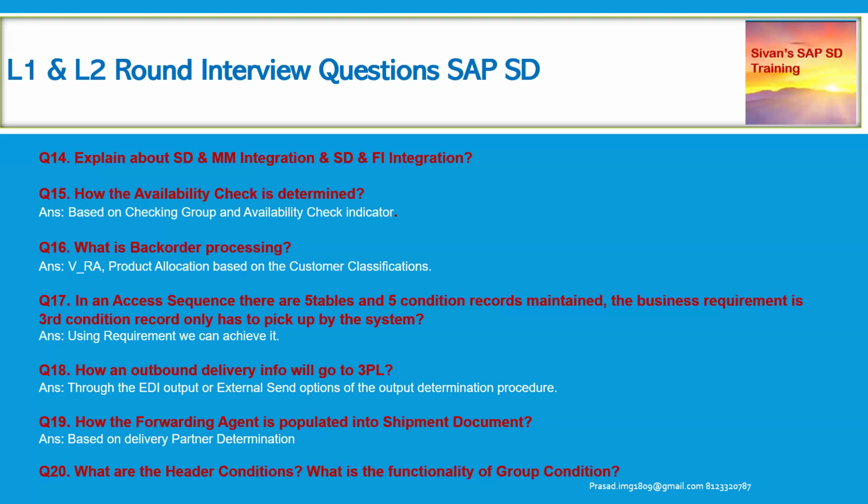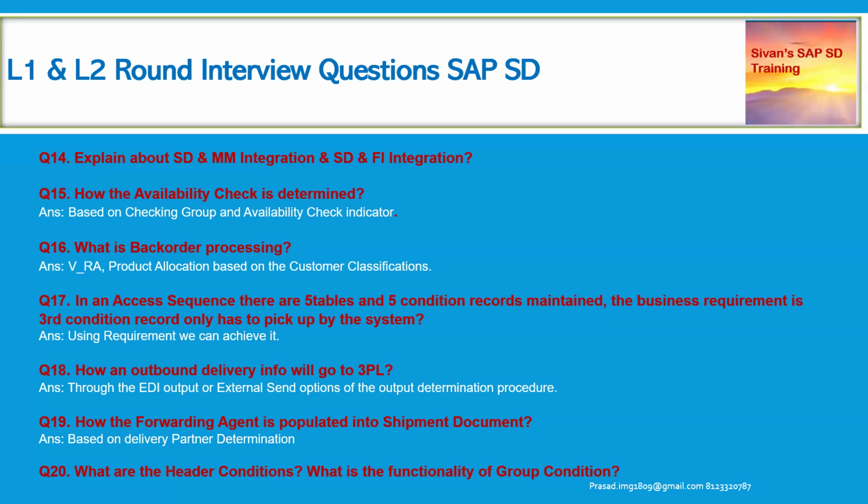Number two, while creating the material master data, it is the integration of SD, MM, FICO, PP, QM, and warehouse management, where we integrate with the material master data. And also the shipping point determination with respect to the loading group, and route determination with respect to the transportation group.